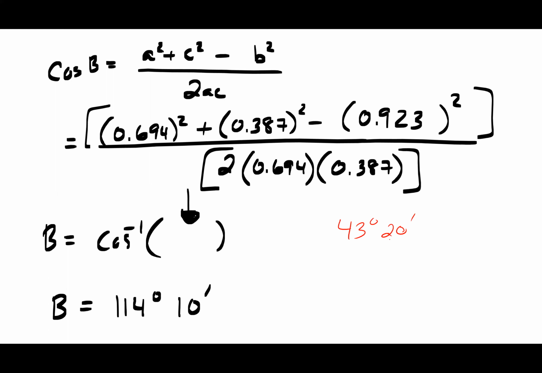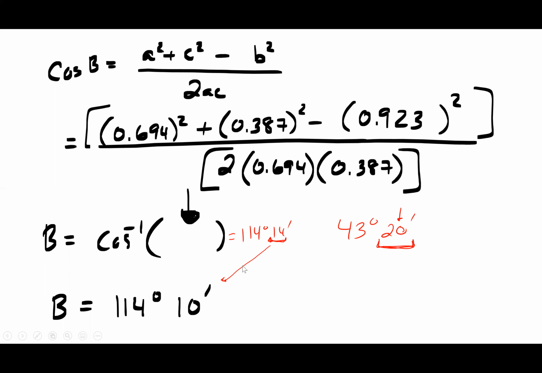So the book is trying to say it's not actually the nearest minute, it's the nearest tens of a minute, because that little zero is technically not a significant figure. Even though the calculator gave us 114 degrees, 14 minutes, we round this between 10 and 20, and that will round down to 10. So that's the answer in the back of the book: the nearest tens of a minute, not the nearest minute.